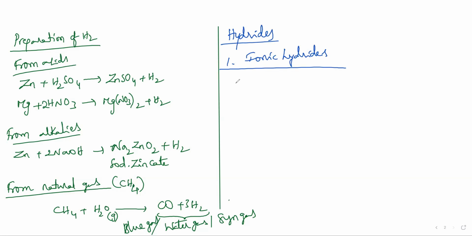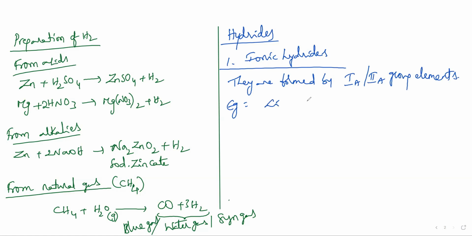They are formed by first A and second A group elements, that means alkali and alkaline earth metals. Examples, lithium hydride, magnesium hydride. Now CaH2 is known as hydrolith.